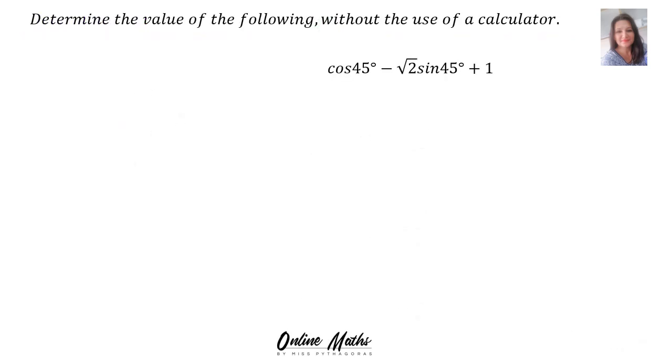Determine the value of the following without the use of a calculator. The question is cos 45 degrees minus root 2 sin 45 degrees plus 1. So you need your help sketch, which is a right angle triangle, 45 degrees, and your sides 1, 1, root 2. Let's move over to the sum.